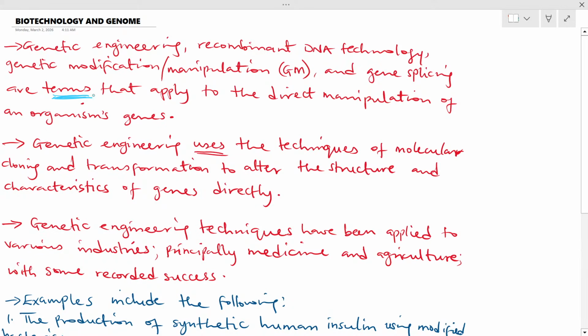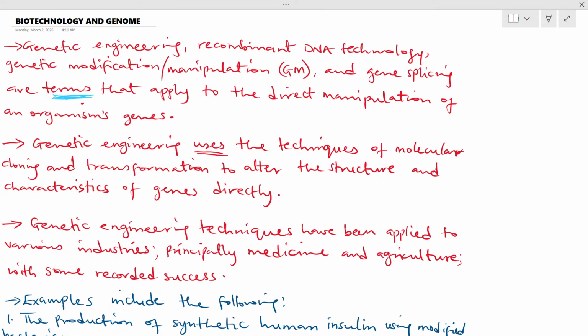I could use any of them conveniently; they all mean the same process. Genetic engineering is one, recombinant DNA is two, genetic modification and manipulation is three, and gene splicing is four.